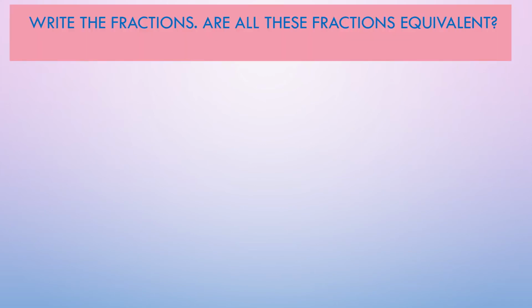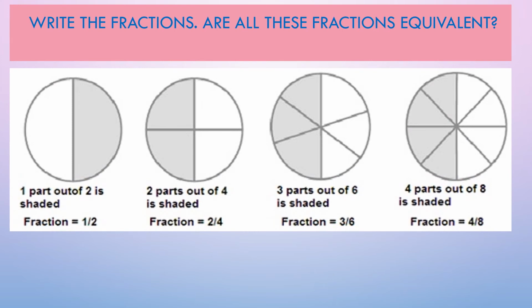Let's solve some questions to understand equivalent fractions. Write the fractions. Are all these fractions equivalent? In the first circle, one part out of the 2 is shaded, so the fraction is 1 upon 2. In the second circle, 2 parts out of the 4 are shaded, so the fraction is 2 upon 4.